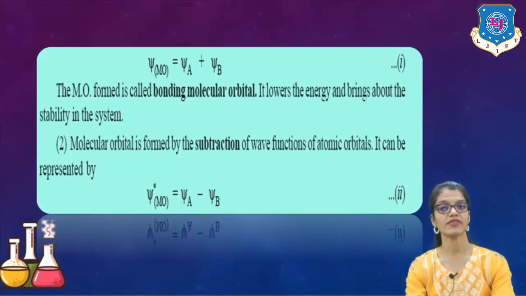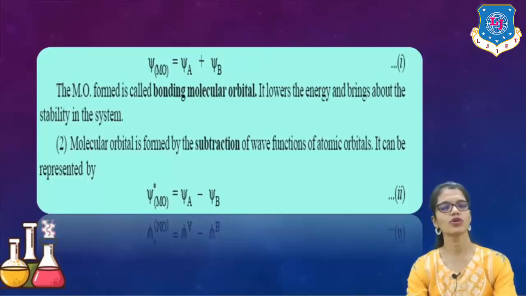Now, because we have written plus here, when we have the bonding orbital, we have to write plus. Now, the molecular orbitals which are formed by the subtraction of the atomic orbitals are known as the non-bonding orbitals. How can we represent them?